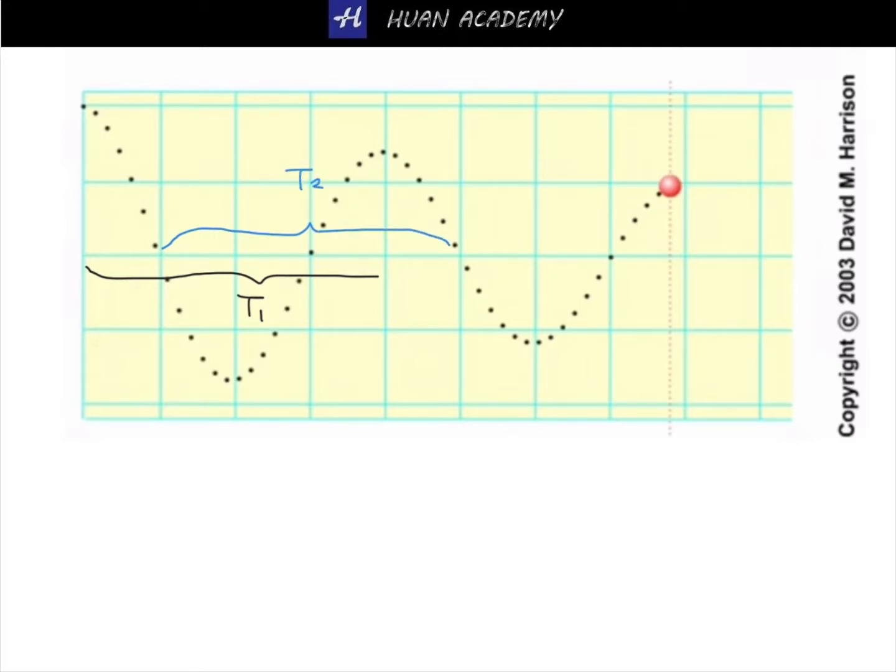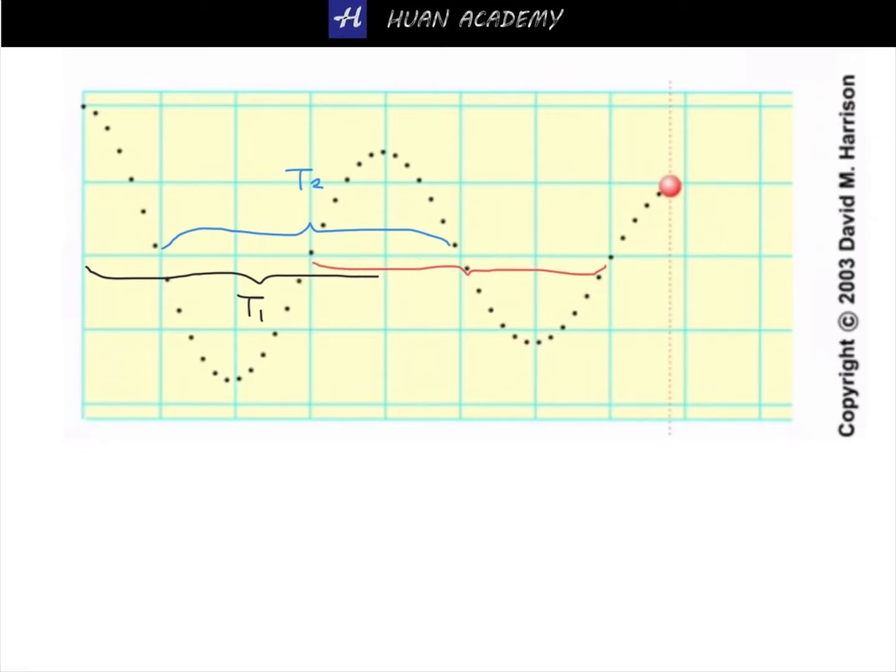As you can see, T1 starts from here. It takes 1, 2, 3, 4 equal portions of the time axis. And for T2, 1, 2, 3, 4. So it is also taking up 4 equal portions. Let's study one more period, taken from here to here, which is the time to make one complete oscillation. This is the time taken.